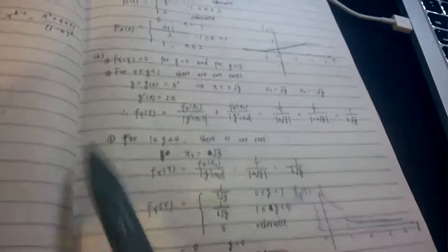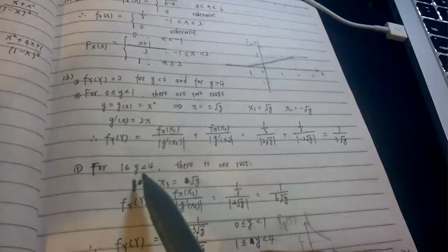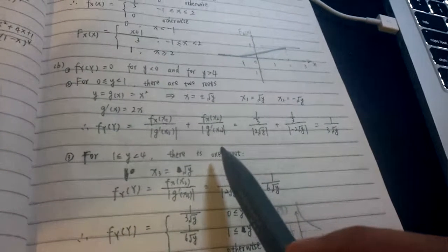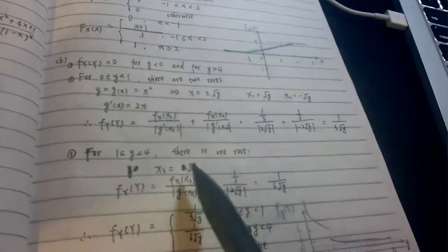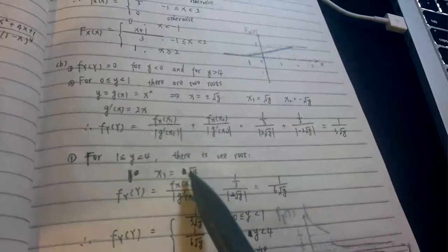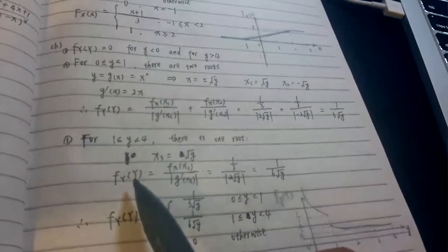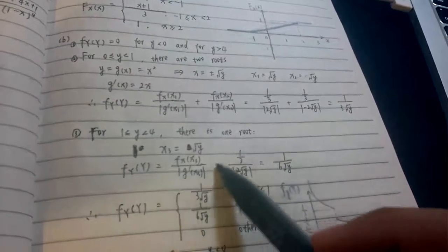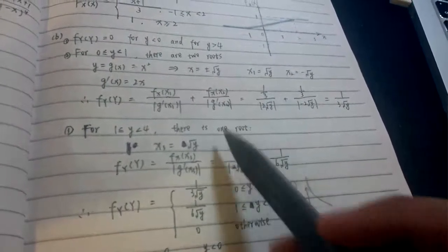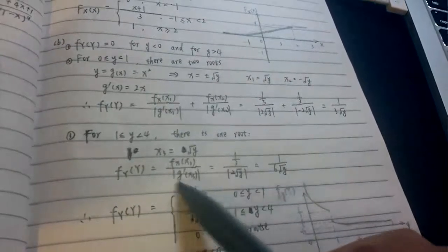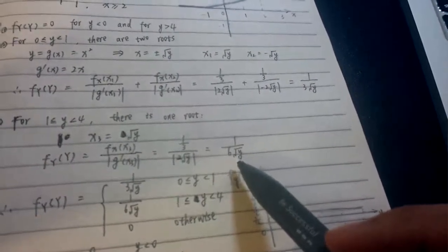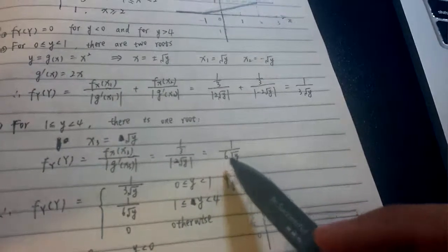And for y between 1 and 4, we can see there is only one root, that is square root y, and we also use this equation, and take this part into this equation, and we get f_Y is equal to 1 over 6 square root y.